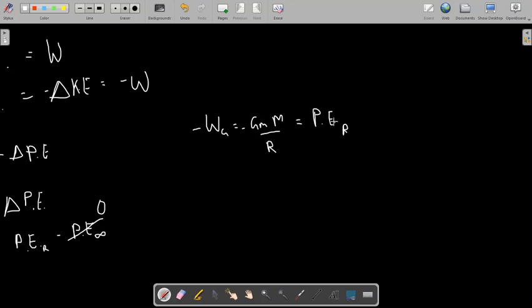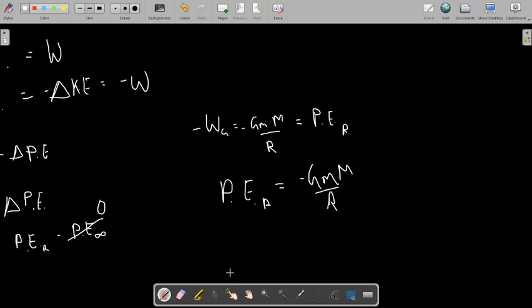Minus 0 gives us the same thing as potential energy at r. So we can deduce that potential energy at r is the negative of the work done by the force of gravity.